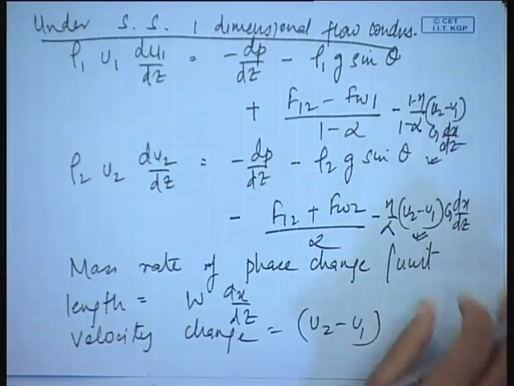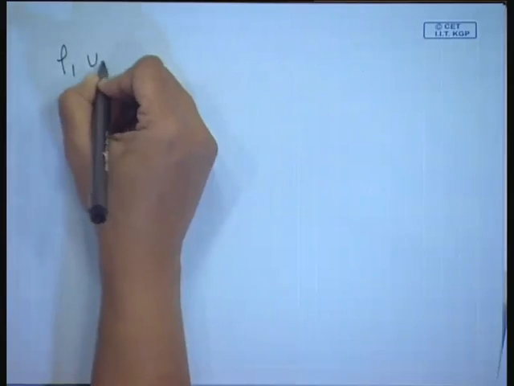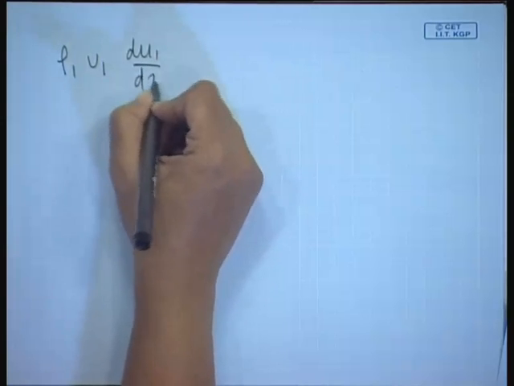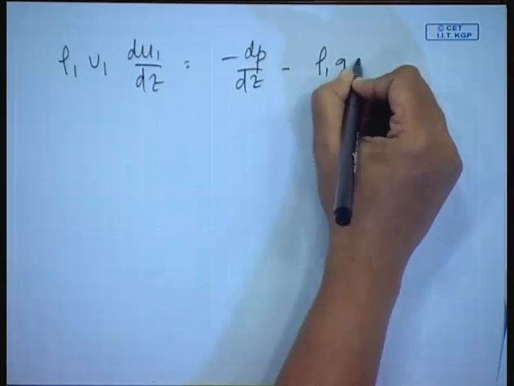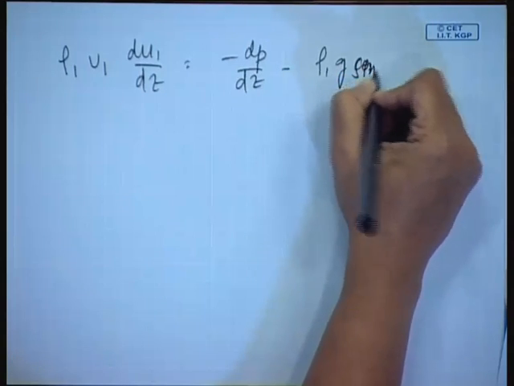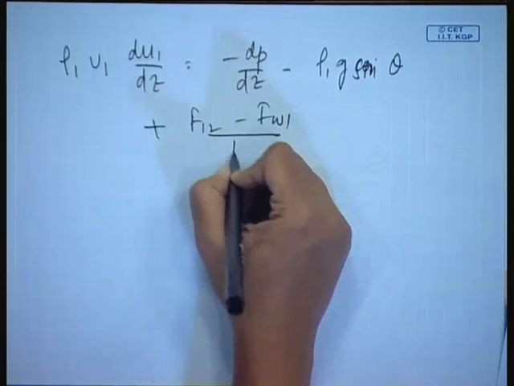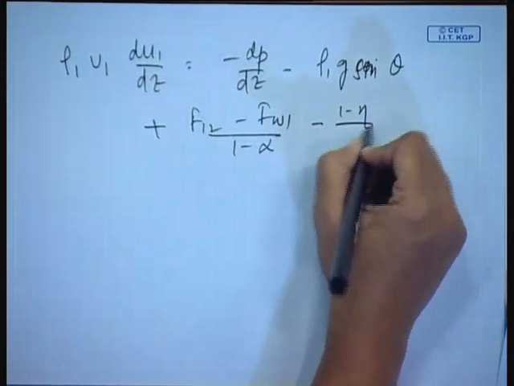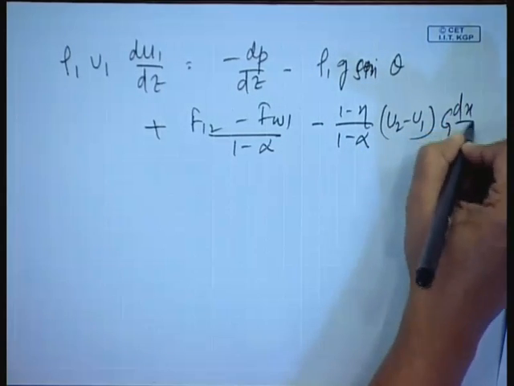So, if we write it down properly, the final equation which we have derived for this particular case is rho 1 u1 du1/dz equals minus dp/dz minus rho 1 g sin theta plus f12 minus fw1 by 1 minus alpha minus (1 minus eta)/(1 minus alpha) (u2 minus u1) g dx/dz.